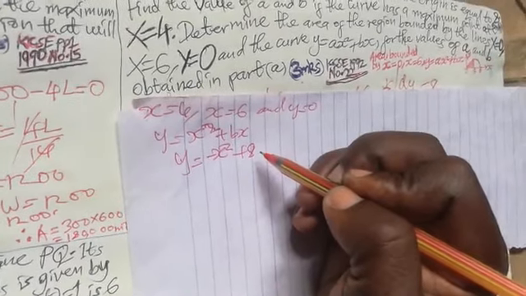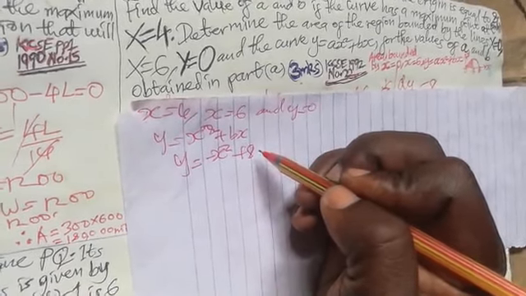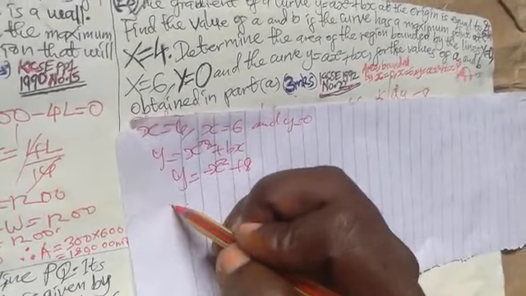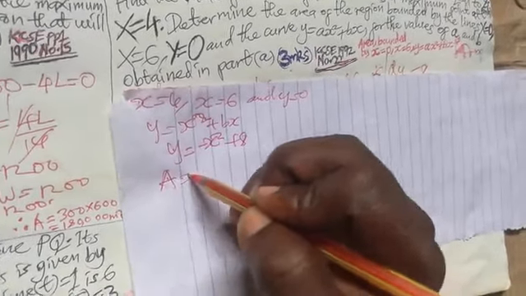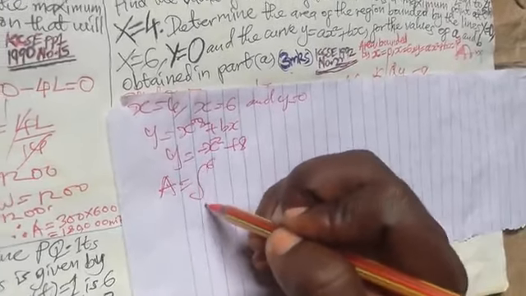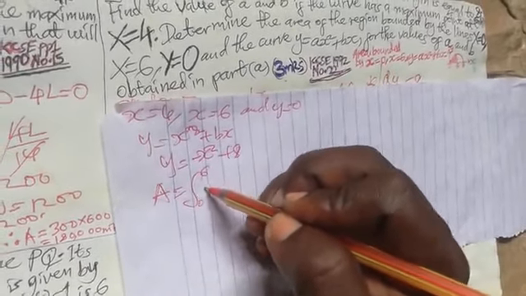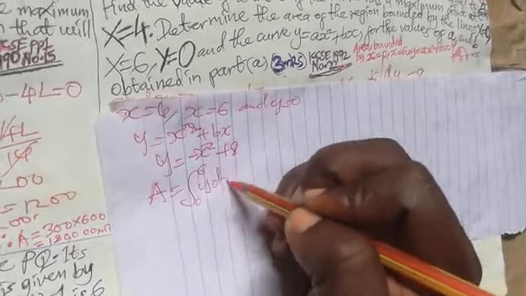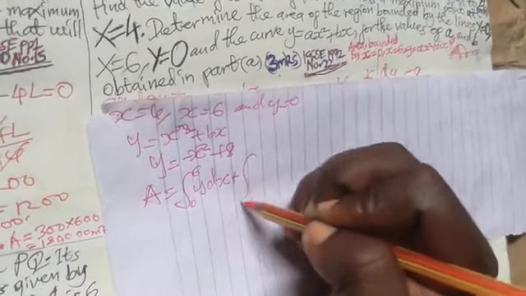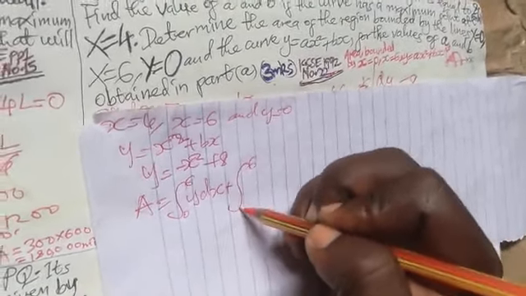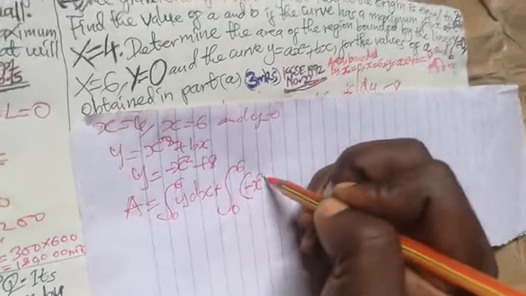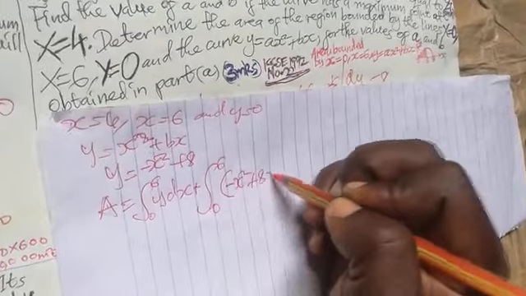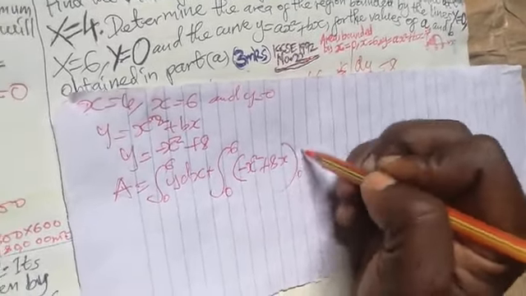By integrating, area A is the same as the integral from 4 to 6 of y dx, which is the integral from 4 to 6 of brackets negative x squared plus 8x dx.